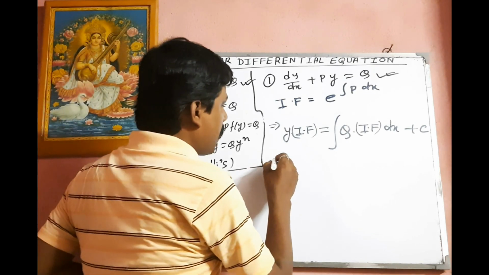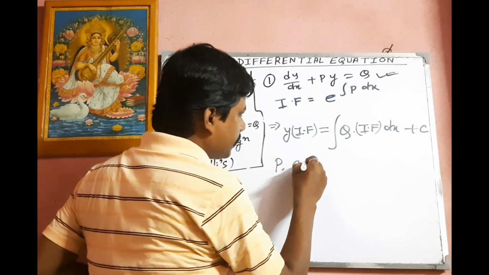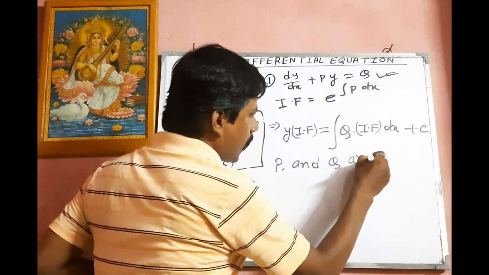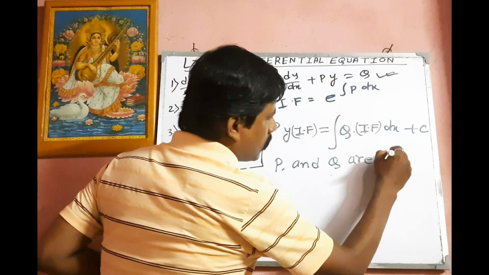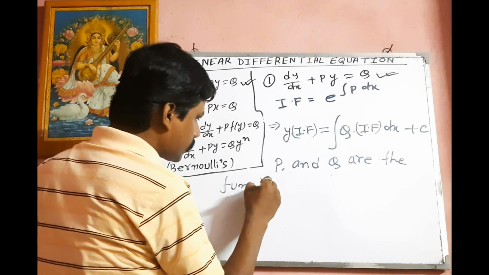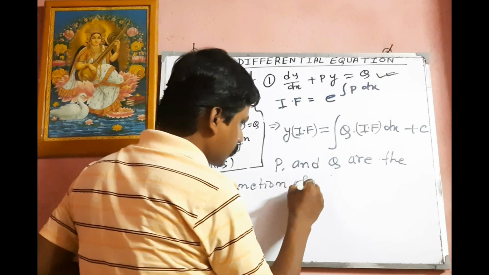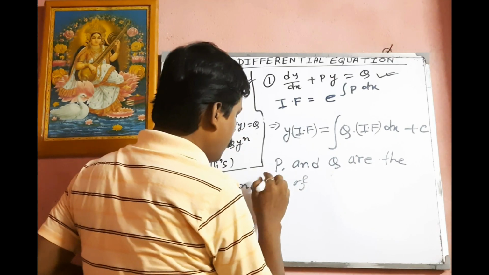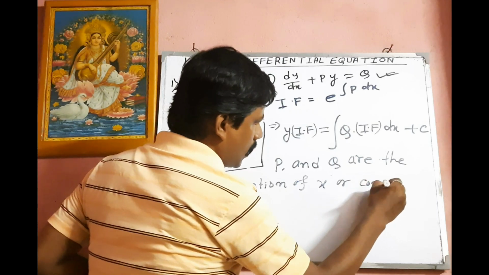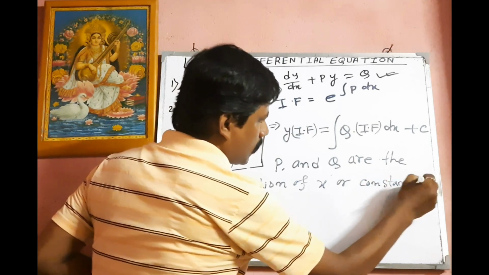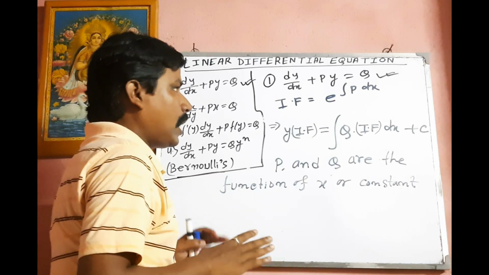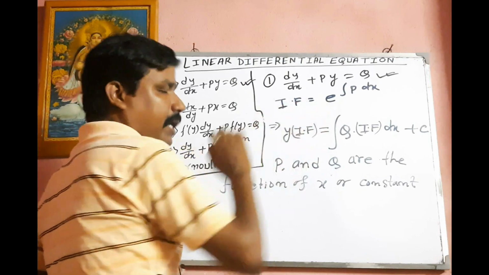Here P and Q are functions of x or constant. So in this first kind, at first we want to find the IF.